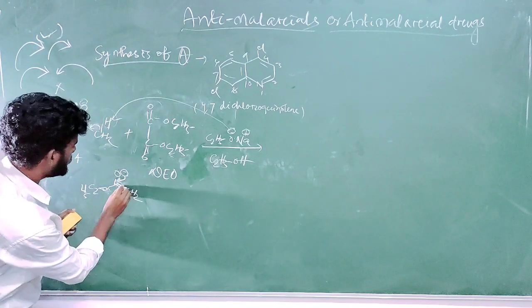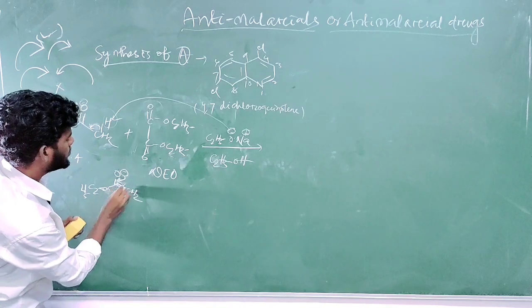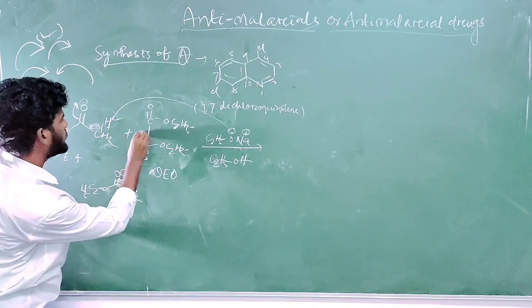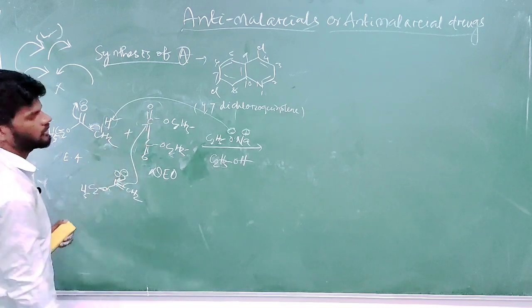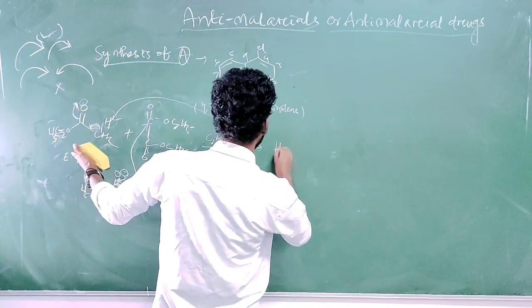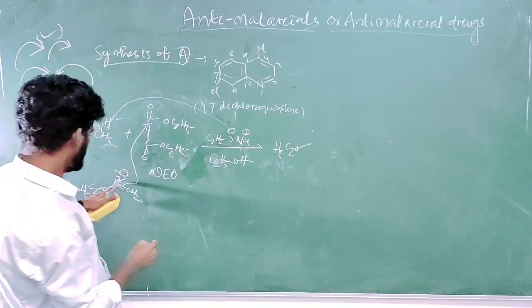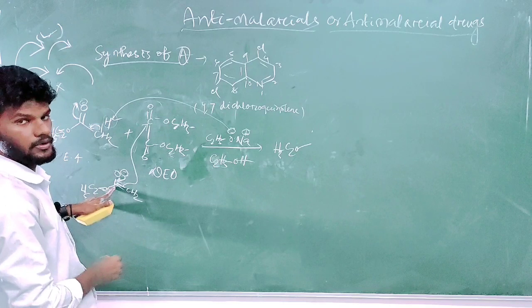So this bond again moves to attack which center? This is now the nucleophile, so it attacks the electrophile. Here the electrophilic center is the carbon in the carbonyl group. What will it form? Just write C2H5O, the oxygen returns back, carbon becomes a double bond.